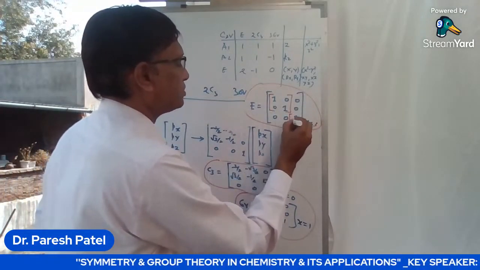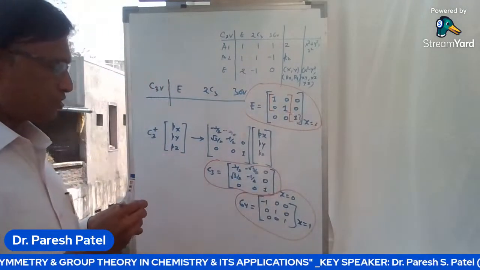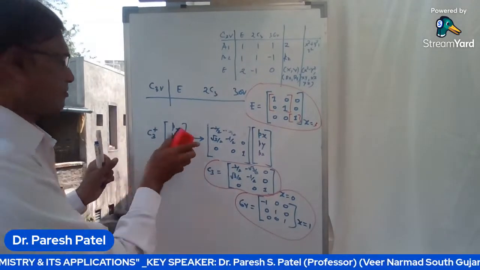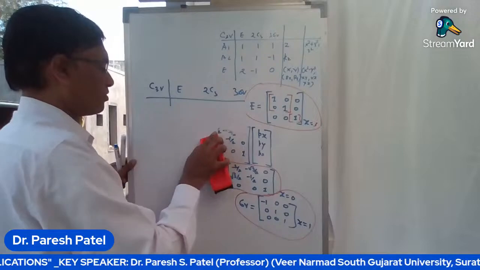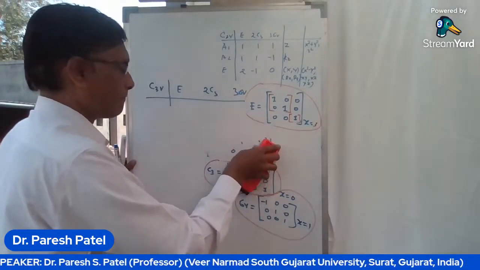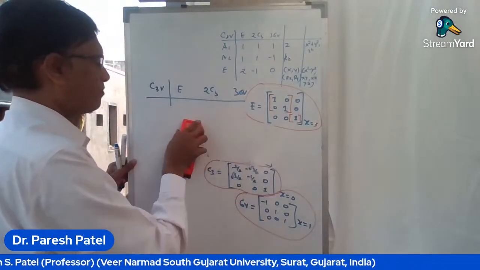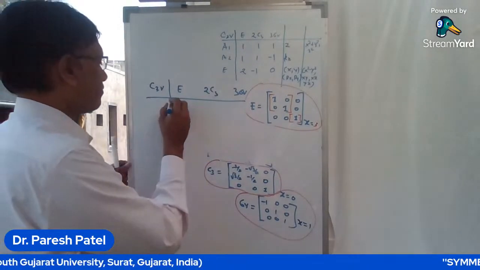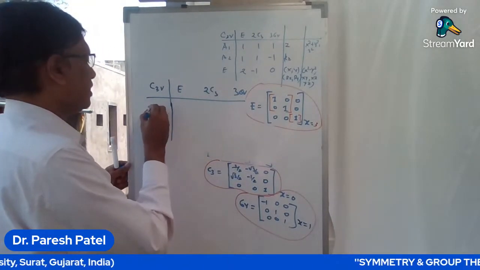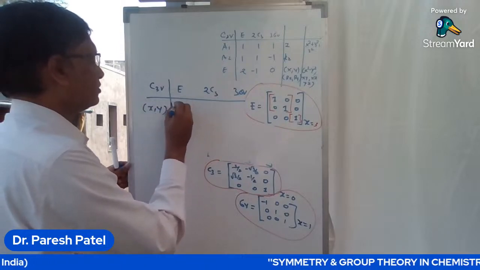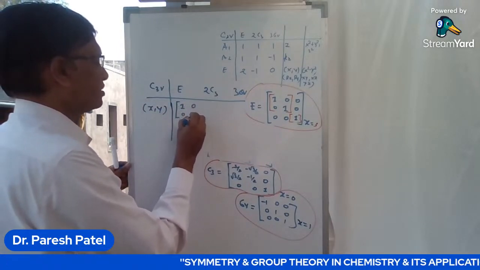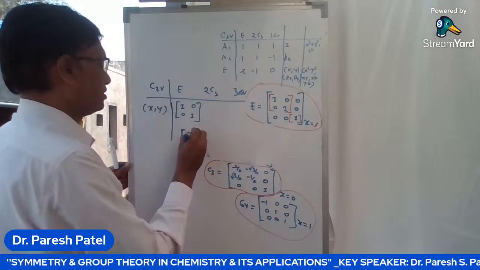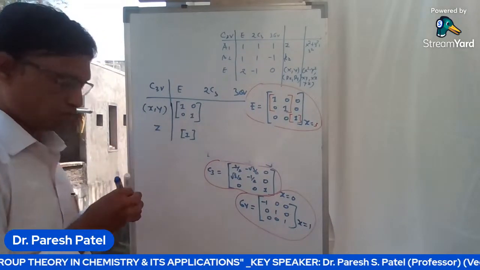So we can reduce this three-dimensional matrix into two-dimensional and one-dimensional. X and Y: 1 0 0 1, and 1. This is the contribution from Z orbitals.